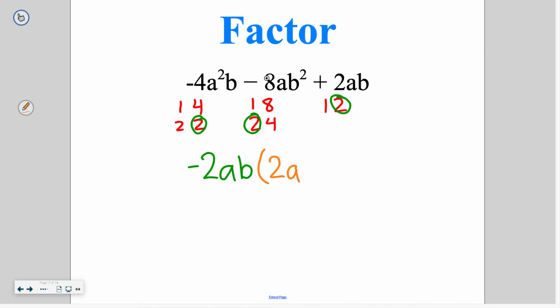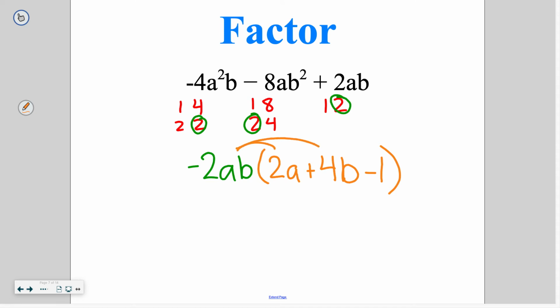Then I've got a negative 8 divided by a negative 2, turning that to a positive 4. And then we've got a, that matches up, b squared, pulled out 1b, so we have that there. Then I've got 2 divided by a negative 2, giving me a negative 1. A and b already taken out. One thing I forgot to mention on the previous slide, this is thought of as reverse distributive property.